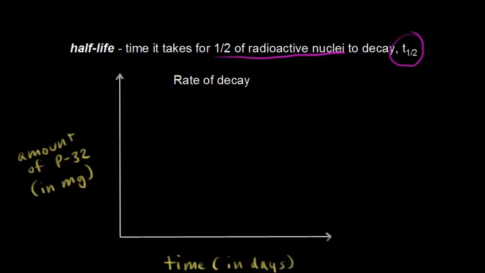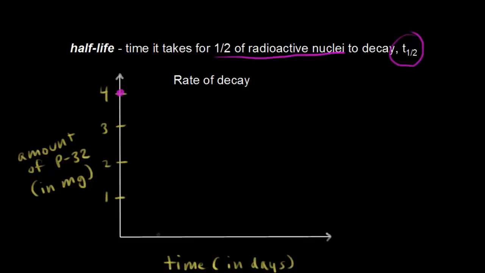All right, we're going to start with 4 milligrams of our sample. So let's go ahead and mark this off. So this will be 1 milligram, 2 milligrams, 3, and 4. So when time is equal to 0, we have 4 milligrams.